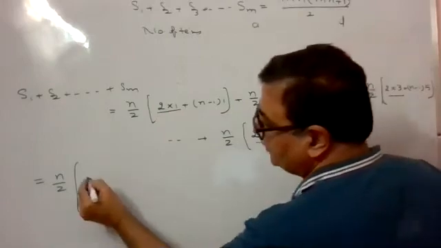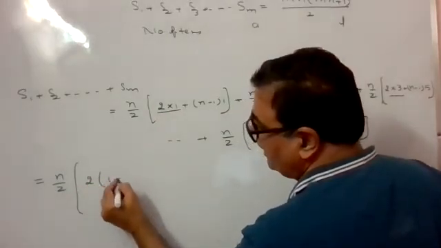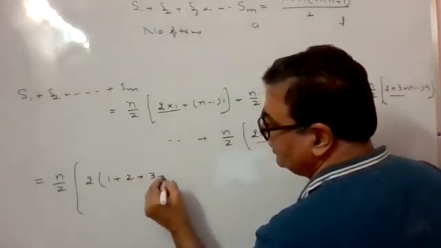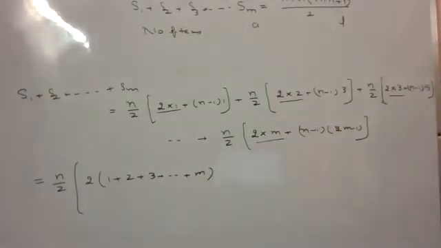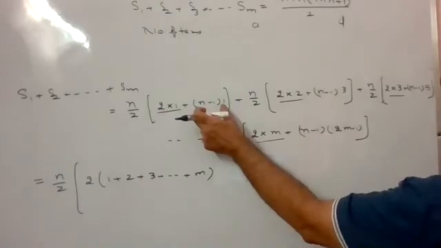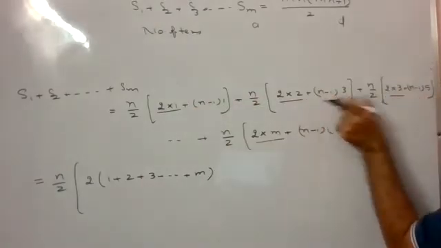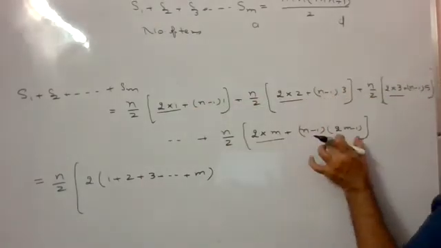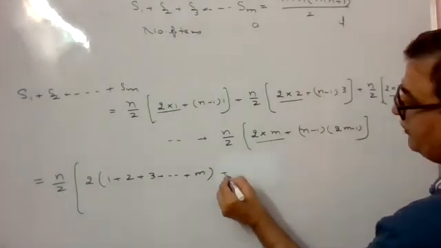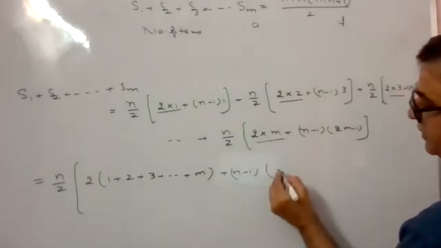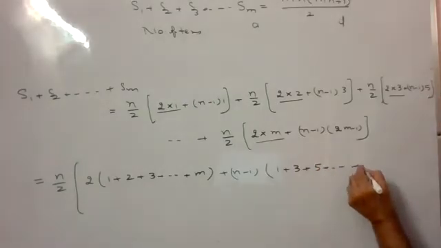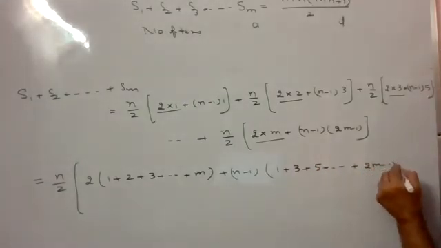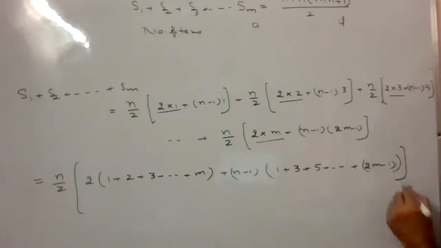Every term gives 2 common, so it will be 1 plus 2 plus 3 till m. Then in the second part, (n minus 1) into 1, (n minus 1) into 3, (n minus 1) into 5, till (n minus 1) into (2m minus 1). So every term gives n minus 1 common. Left is 1, 3, 5 till 2m minus 1.